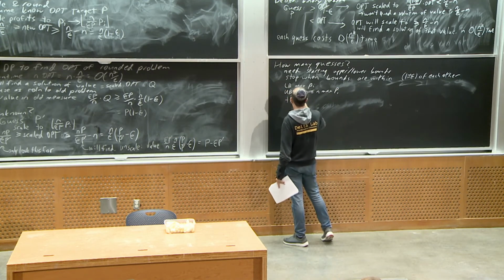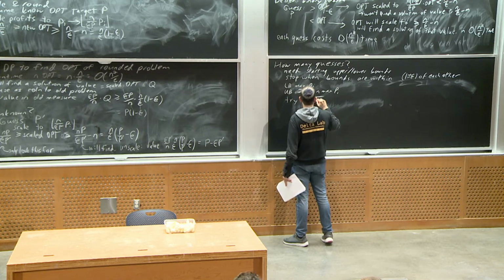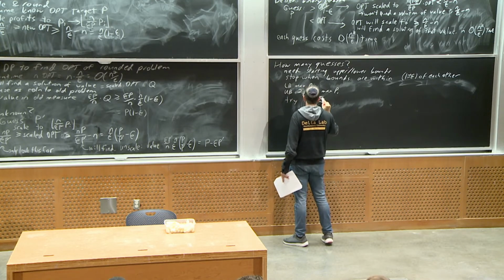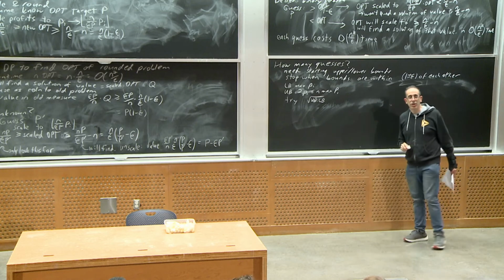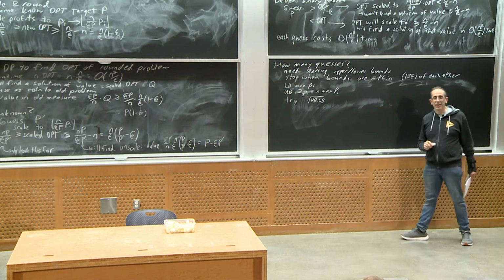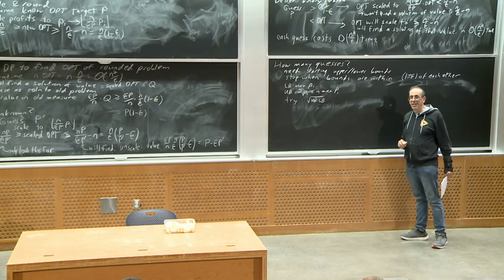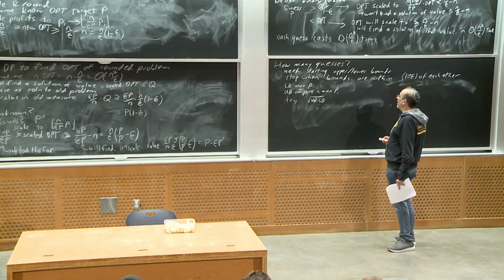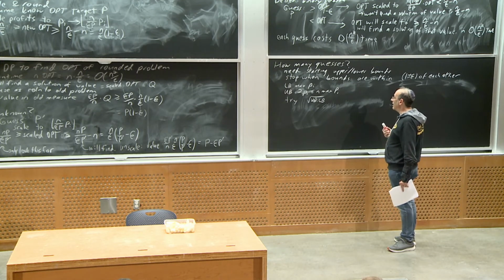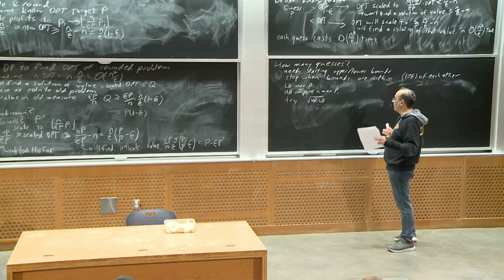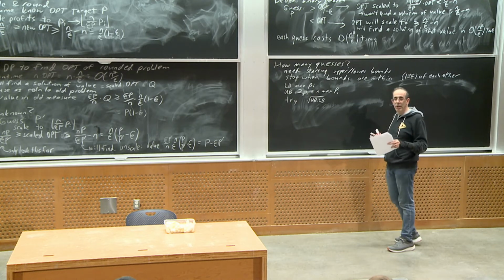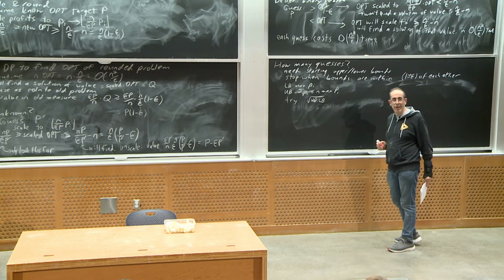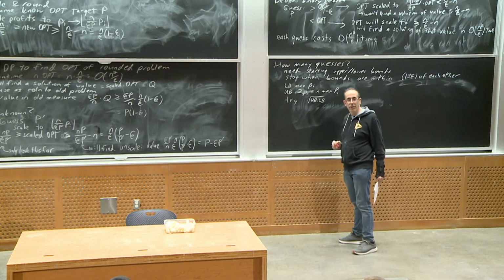I'm going to try the square root of the upper bound times the lower bound as my initial guess. And each time I do this, I'm going to take the square root of the ratio of the two bounds.